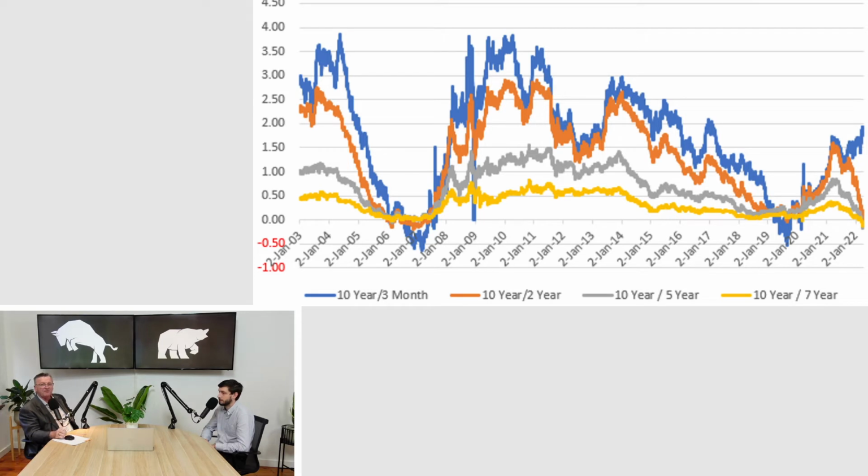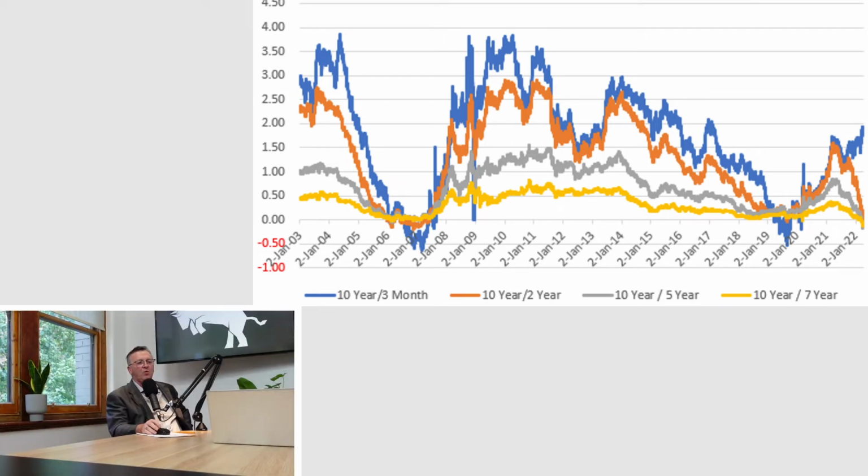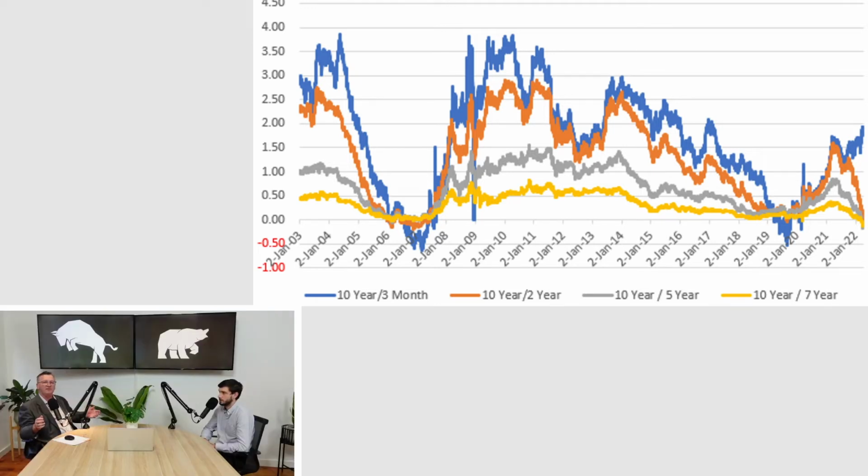So we just moved on to the next slide. A yield curve is normally upward sloping. A healthy economy is where the 10-year rate is higher than the 3-month rate, and higher than the 1, 2, 3, 5-year rates. So a normal curve is where the longer-term rates are higher than the shorter-term rates.